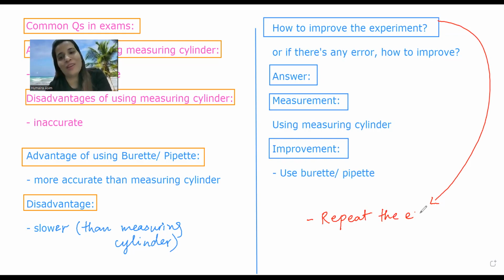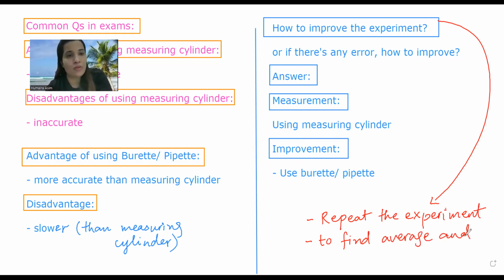Repeat the experiment to do what? To find the average and reduce anomalies. This is a very common thing that we are going to do, and it is definitely going to help us in the exam.